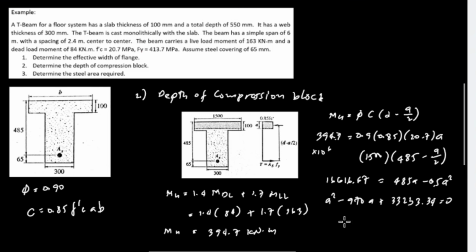Using the quadratic equation, we have two values of a, and we need to check for the positive value. That's 35.57 millimeter, which is less than 100 millimeter, the thickness of the slab. So therefore, the depth of the compression block a is equal to 35.57 millimeter. That's number 2.